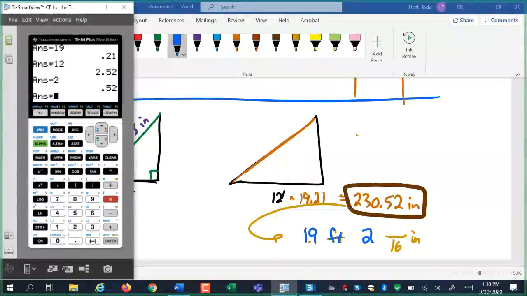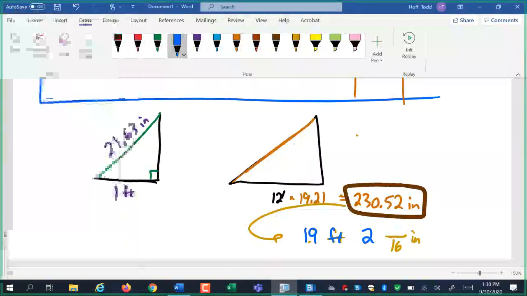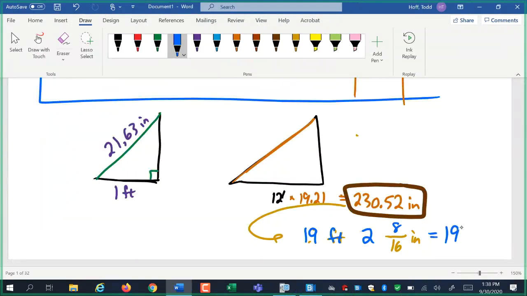To do that, I'm simply going to multiply it by 16. 8.32 is 8 sixteenths. So that length is 19 feet, and 8 sixteenths reduces to a half inch, so 2.5 inches. So on a 15-12 slope, with a 12-foot run, that common rafter is going to be 19 feet, 2.5 inches.